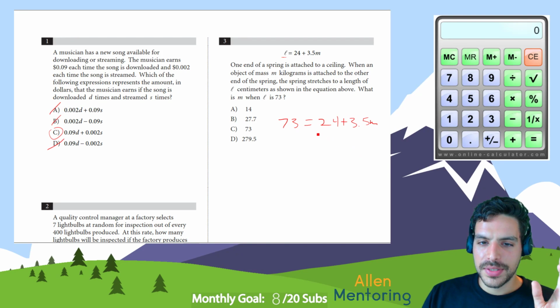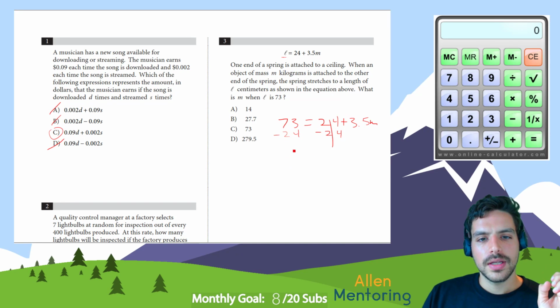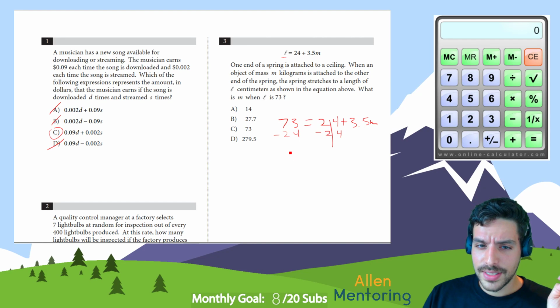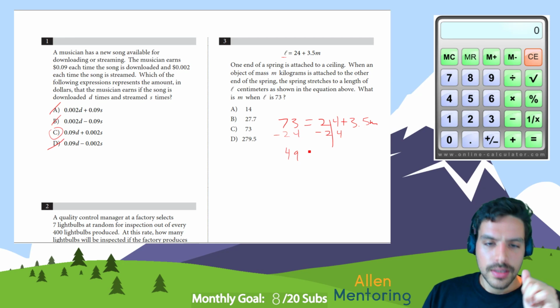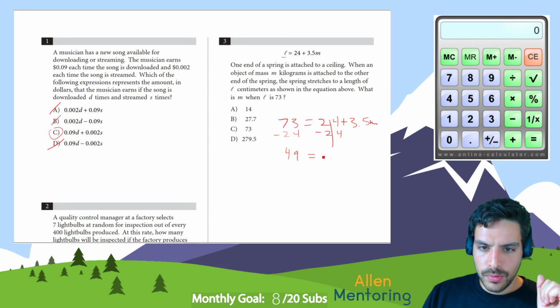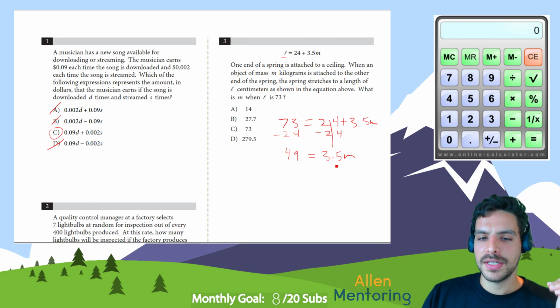So opposite on both sides. I'm going to subtract 24 on both sides. This gets crossed out. 73 minus 24 is 49, I think. Okay. Equals 3.5 m. And again, what is the opposite of multiplying by 3.5?